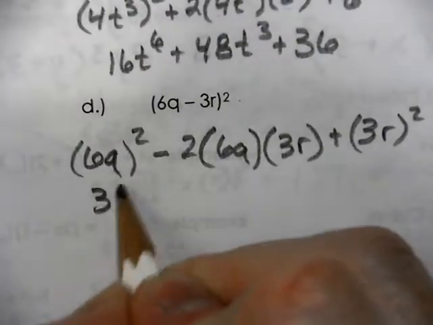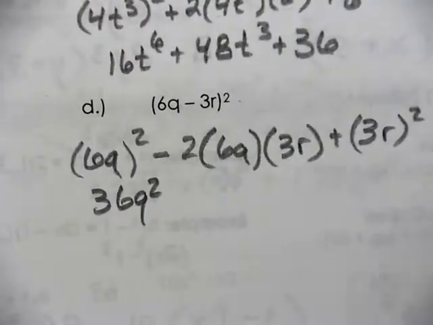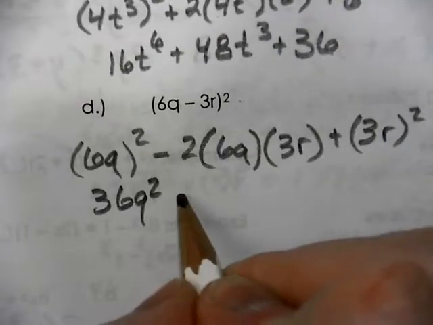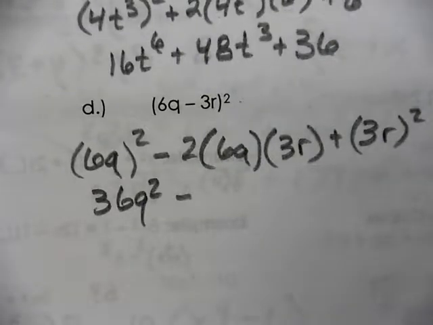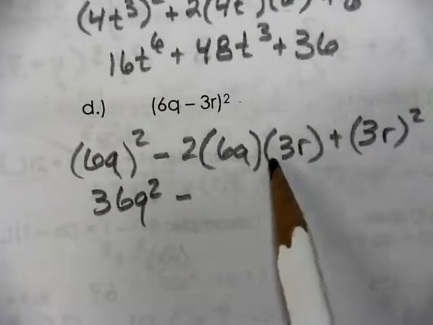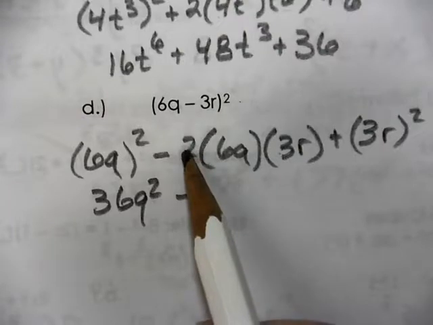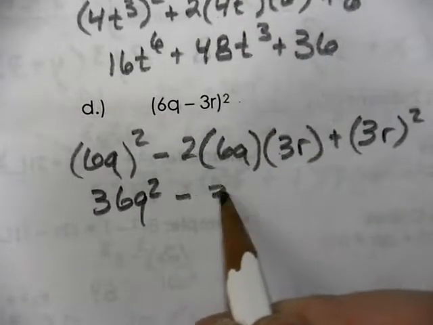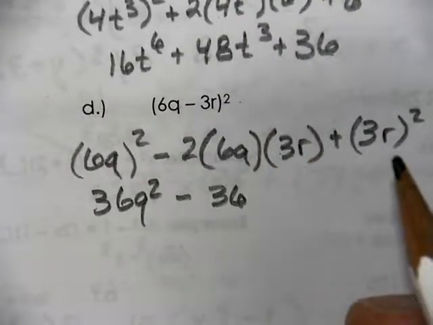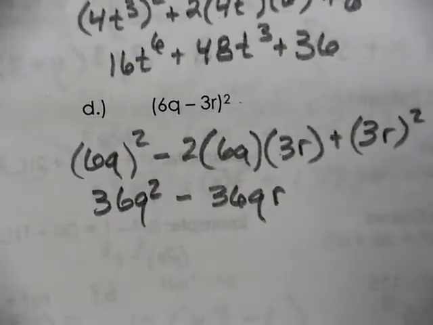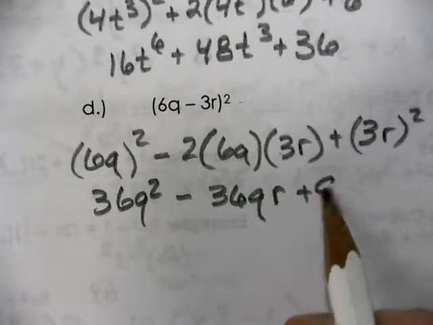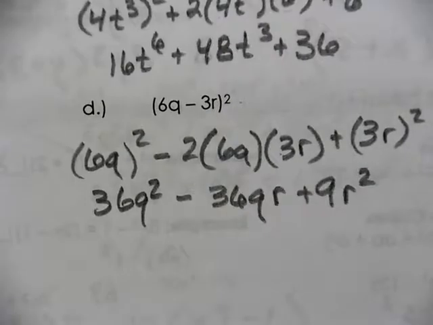So this is going to give me 36q squared minus, let's see, 18 times 2 to give us 36 QR, and then we're going to end with 9r squared.